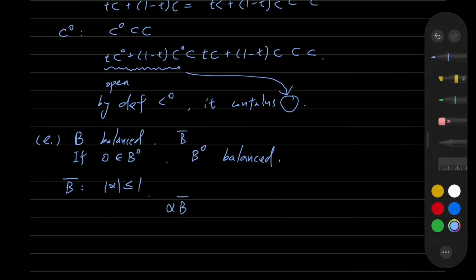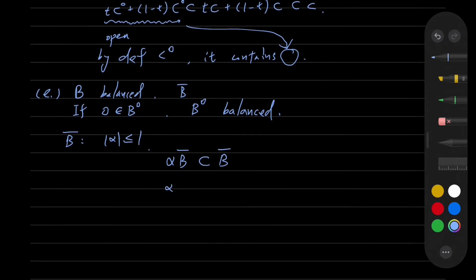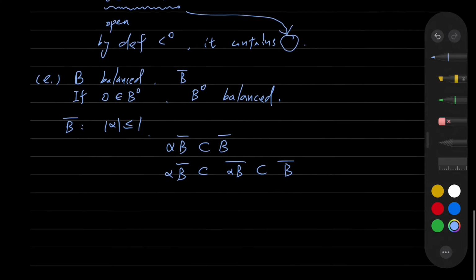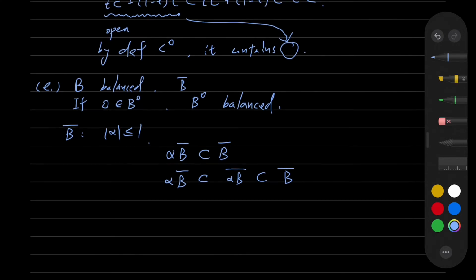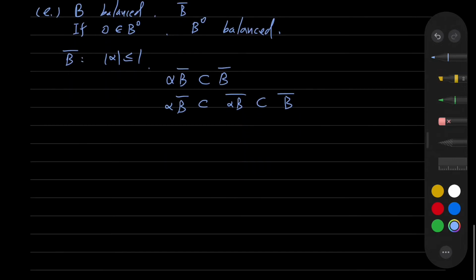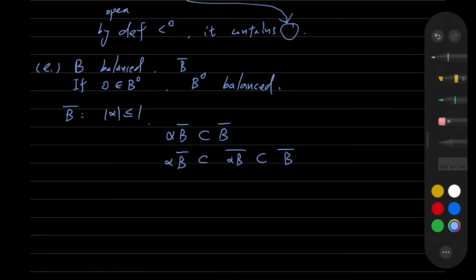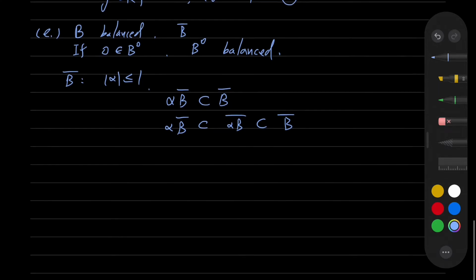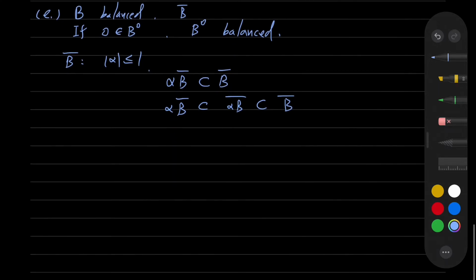We want to prove that alpha times the closure of B is contained in the closure of B. But by the fact that scalar multiplication is a homeomorphism, we have this, and it just follows by the fact that B itself is balanced. By the way, if alpha is 0, there is nothing to prove, so we just skip that exception, because alpha will not be a homeomorphism if it is 0, but we don't need to worry about that.